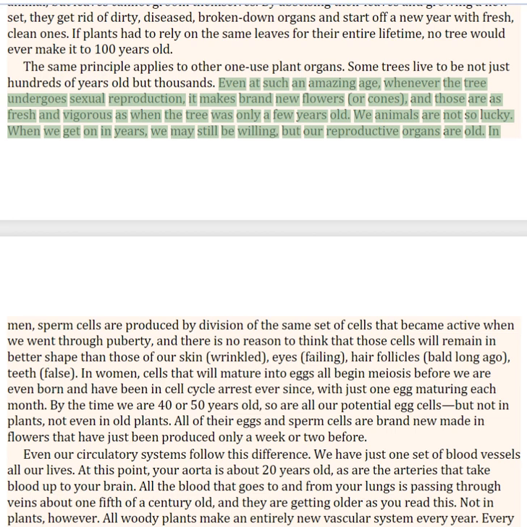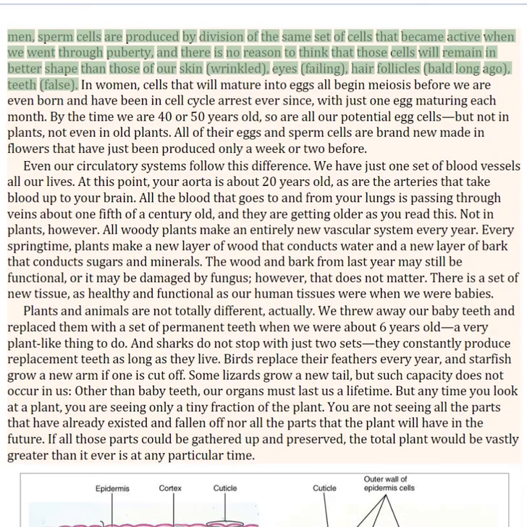When we get on in years, we may still be willing, but our reproductive organs are old. In men, sperm cells are produced by division of the same set of cells that became active when we went through puberty, and there is no reason to think that those cells will remain in better shape than those of our skin, eyes, hair follicles, teeth.